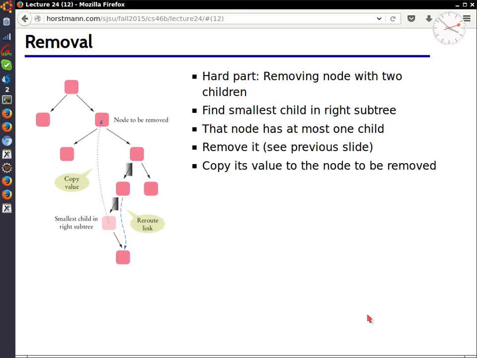And it gets more complicated with two children. So here I have a node that needs to be removed, and it has the child here and the child there. Now the easiest way of doing this, and this is the standard approach, is to say, well, obviously I can't just remove it and do something to its parent, because then the parent would have 3 children, and that wouldn't work.